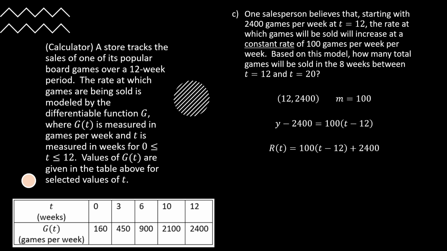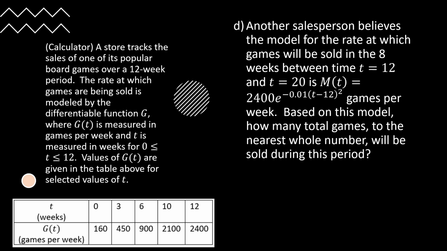Then I solve for y to get a nice equation that I can integrate. So I have R of t, the rate at which these games are being sold, equals 100 times t minus 12, plus 2,400. All of that came from the fact that I knew it was a constant rate and had to be linear. From here, I integrate it from 12 to 20 using my calculator, and I get 22,400 games.